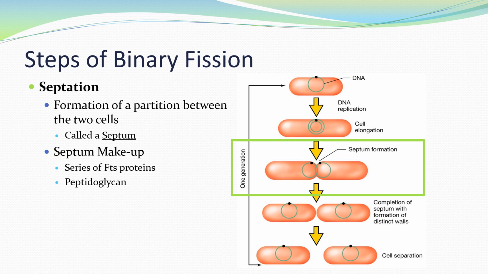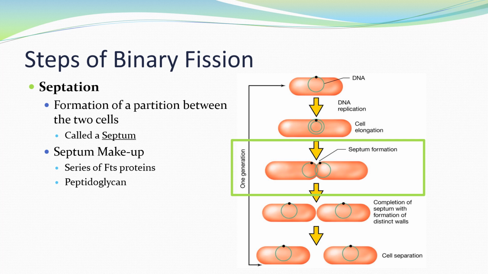Step number 2 of binary fission is going to be septation. This is going to be the formation of a partition between what will become two new cells. So this is going to be called the septum. That septum is that partition between what will become the two new cells, but they haven't formed just yet.